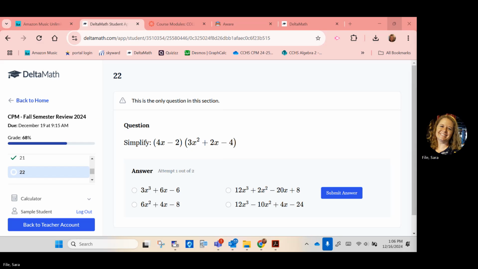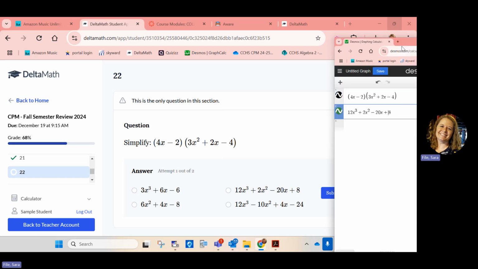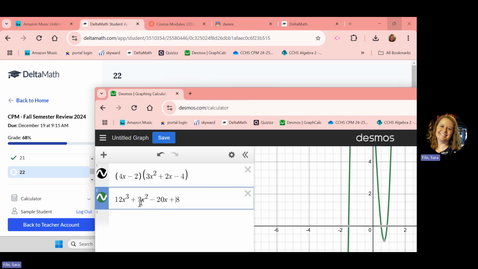So let me type in 12x cubed. I'll pull the Desmos screen back over in just a second after I type it in. Plus 2x squared minus 20x plus 8. Okay, so you can see I've typed that in here.